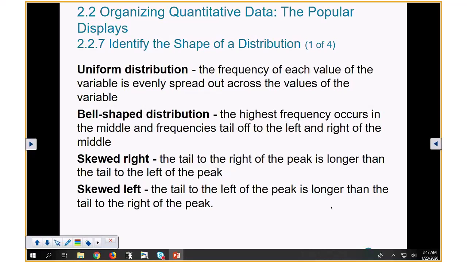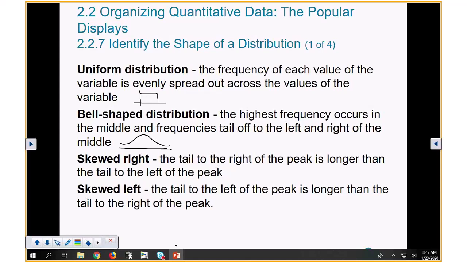It's really sad. Uniform distribution looks like this. It's always a rectangle. The volume under the curve, or the rectangle, is still 1. We'll get into that in chapters 6 and 7. Okay? Bell-shaped. Put normal. That's the normal curve.